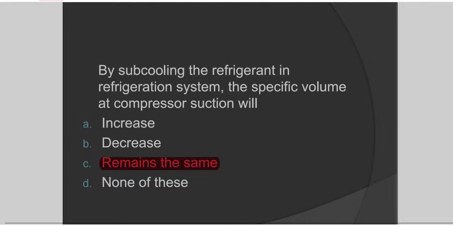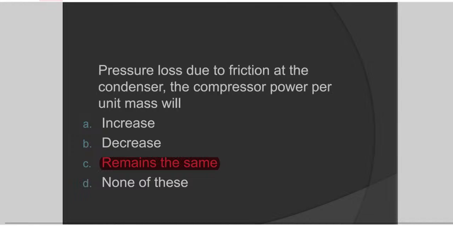By subcooling the refrigerant in a refrigeration system, the specific volume at compressor suction will: A. Increase. B. Decrease. C. Remains the same. D. None of these. Pressure loss due to friction at the condenser, the compressor power per unit mass will: A. Increase. B. Decrease. C. Remains the same. D. None of these.